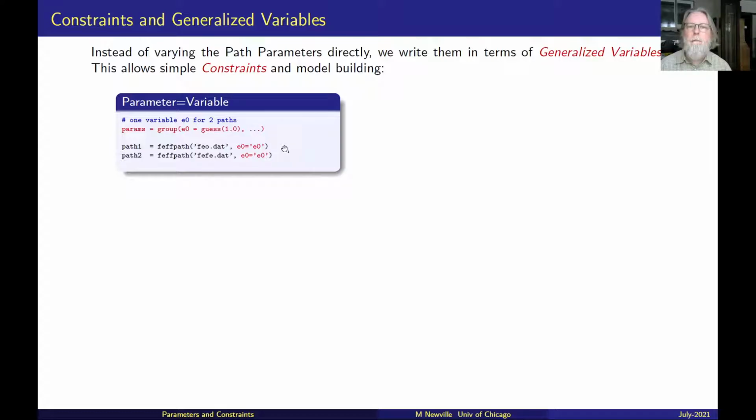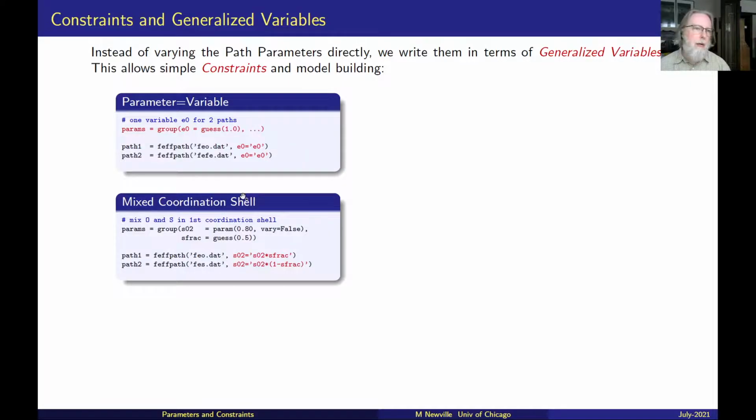We can also say, if you want to make a mixed coordination shell, that there's some fraction of sulfur and some fraction of oxygen, and those two compete, so they are not independent. They add to 1. So you could say that you have an S0 squared parameter that you've found someplace else.